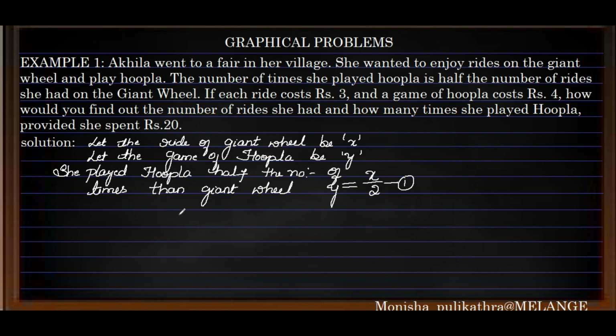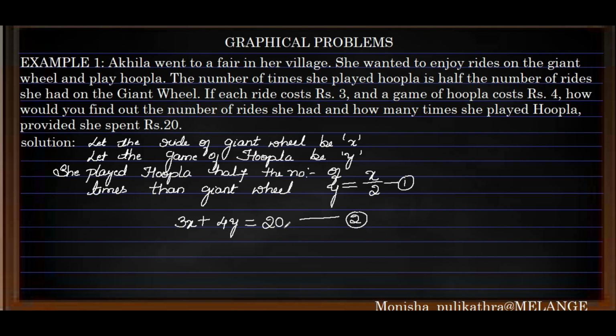So for each giant wheel ride it is ₹3, so 3x, plus ₹4 for each hoopla game, 4y. Altogether she spent ₹20, so 3x plus 4y is equal to 20. This is equation number 2. What we need to find out is how many rides she took on the giant wheel and how many times she played hoopla, by graphical representation. Fine, so these are the two equations.